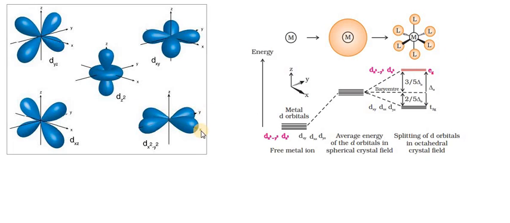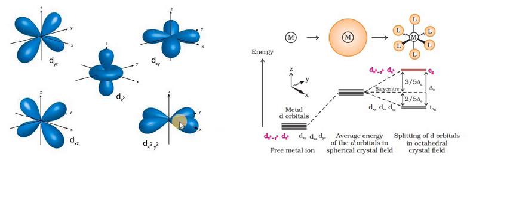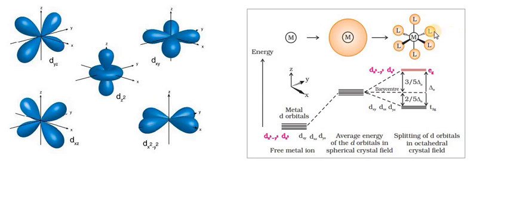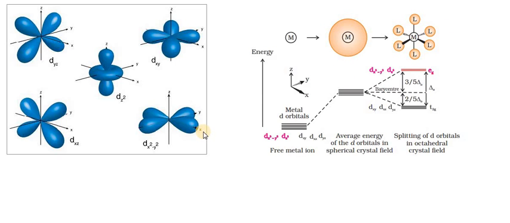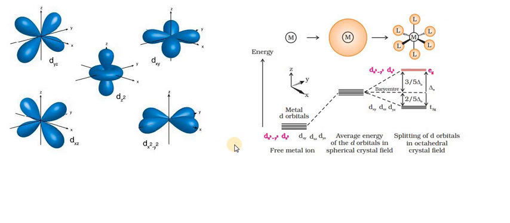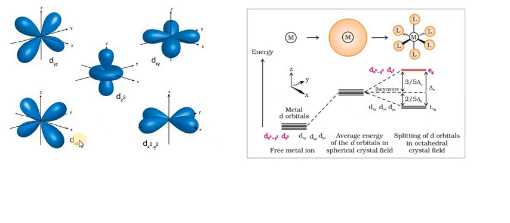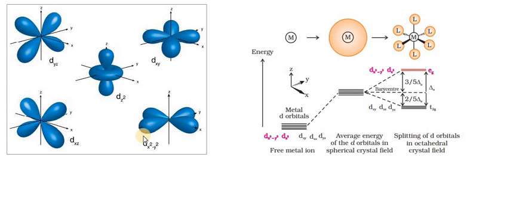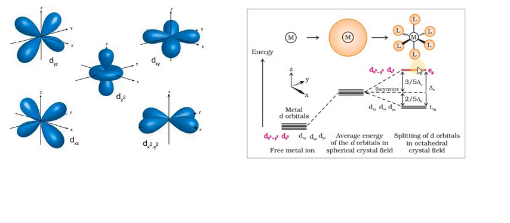Because their lobes, where the electrons are present, are on the corners of the octahedral complex shape, and the electrons will experience some repulsion, and as repulsion increases, the energy increases. It's very obvious, and so these two orbitals rise in energy.